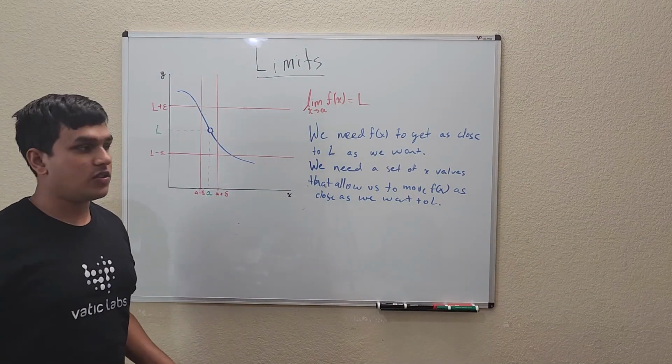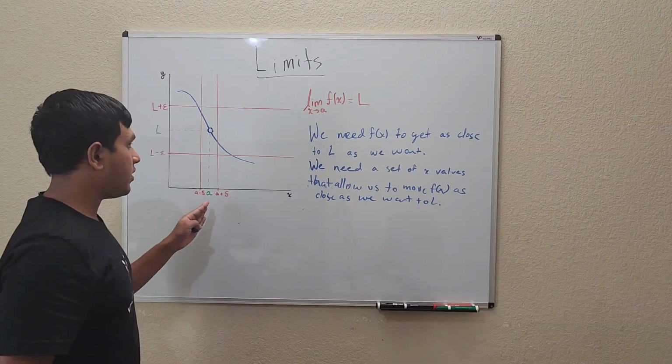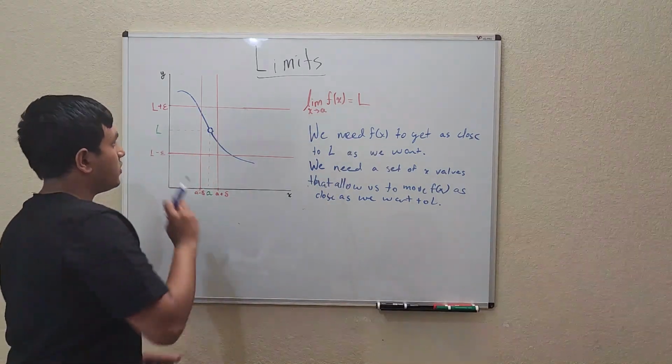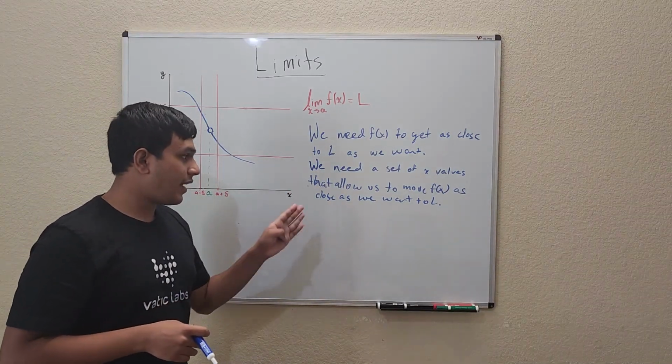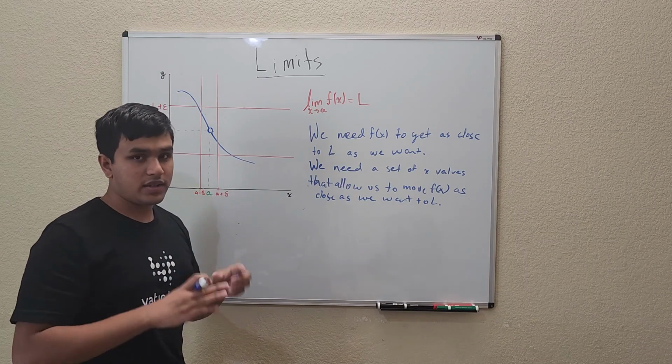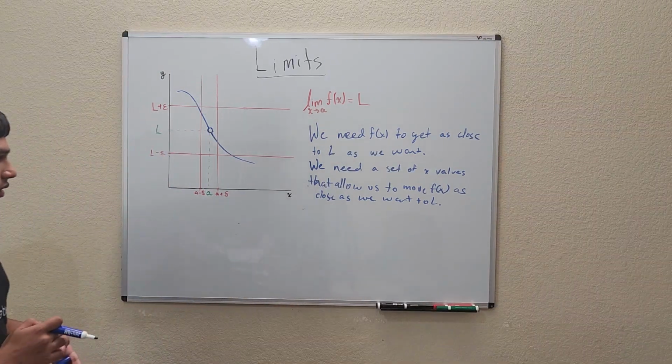F of a is not useful to us. We don't care about what actually happened to this point. For all we know, it could be undefined. For example, there's a hole in this function. We need a set of x values that allow us to move f of x as close as we want to L.